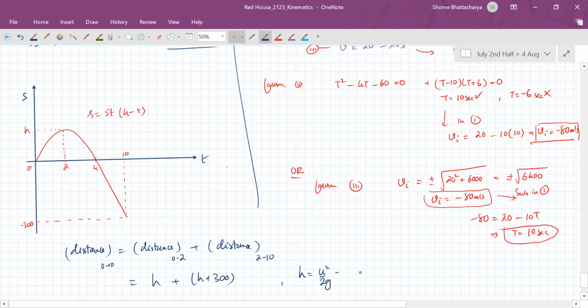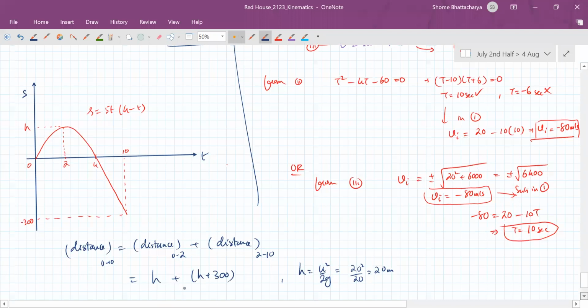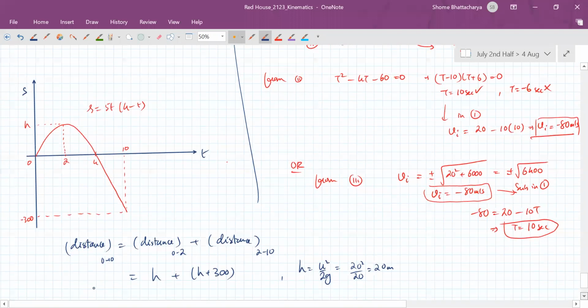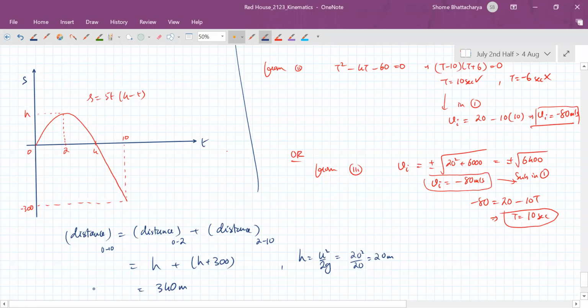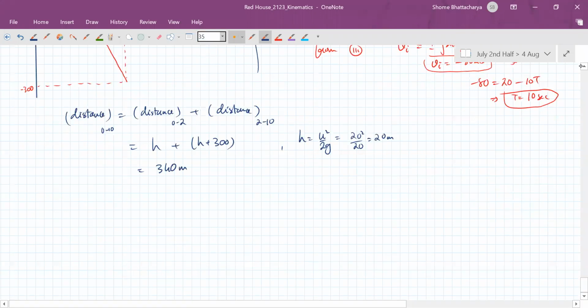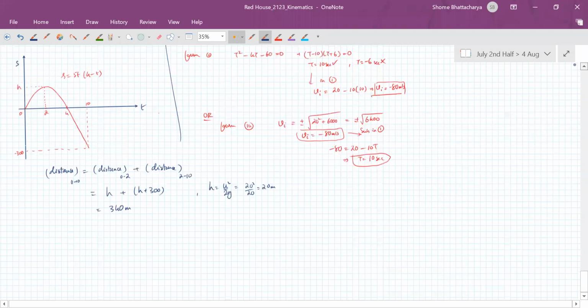So you'll see h comes out to be... so this is the total distance. So just make a note of this, people. It's the last part.